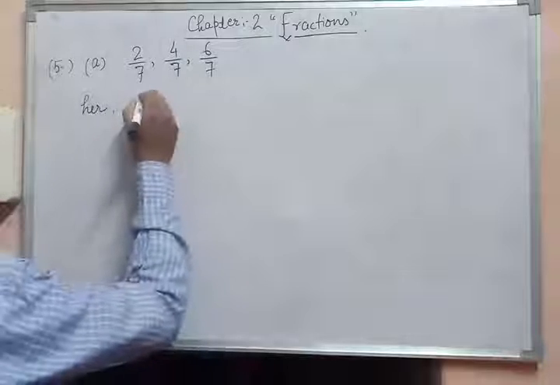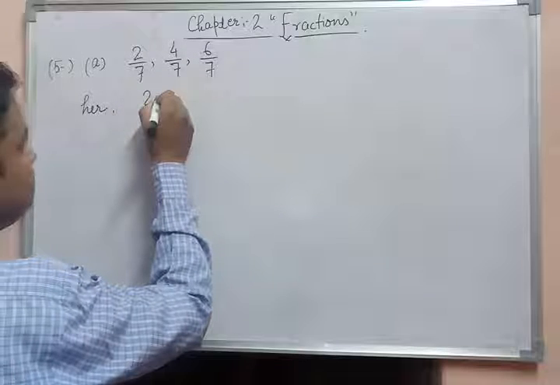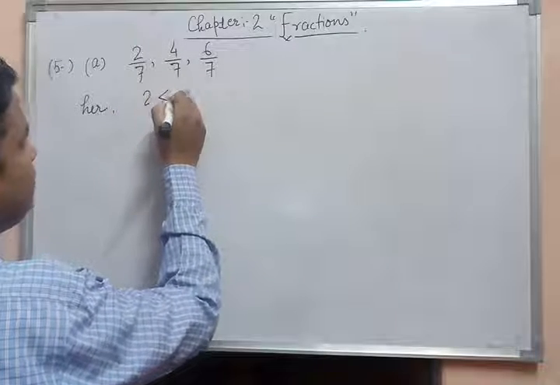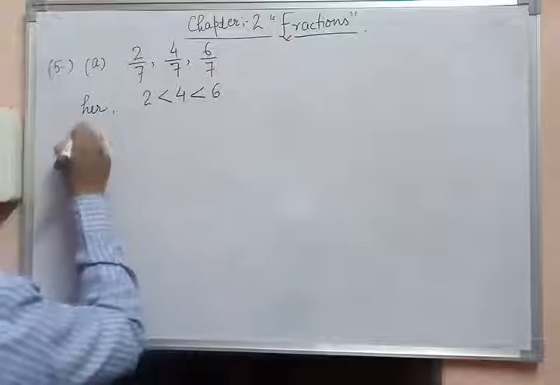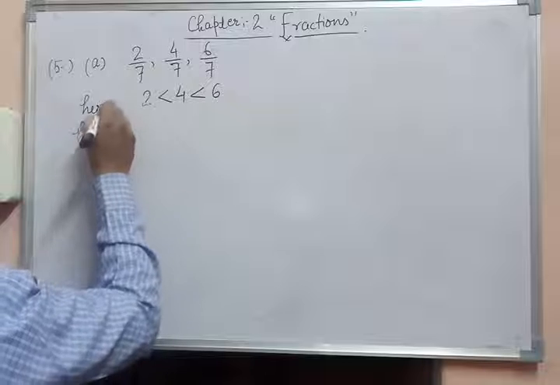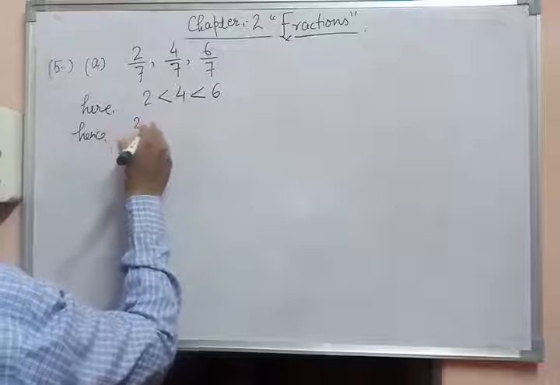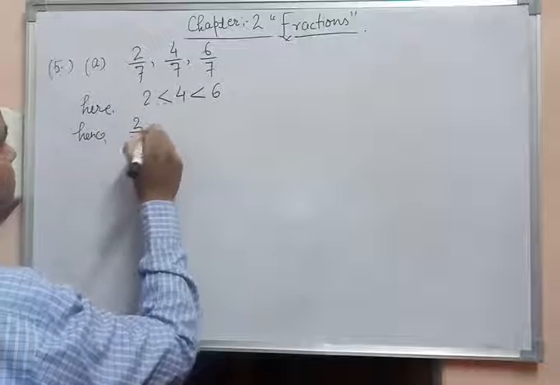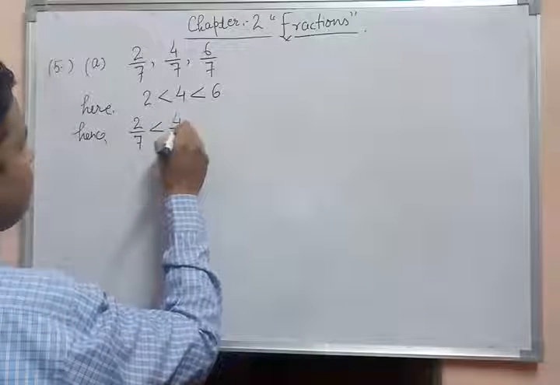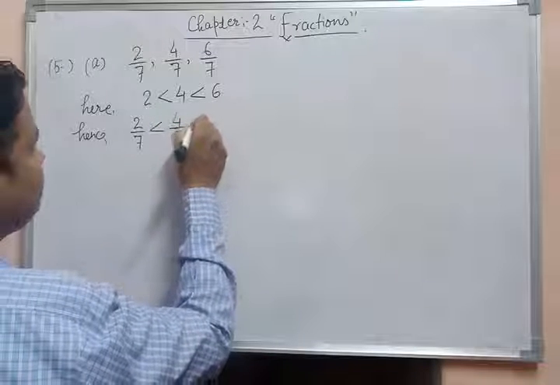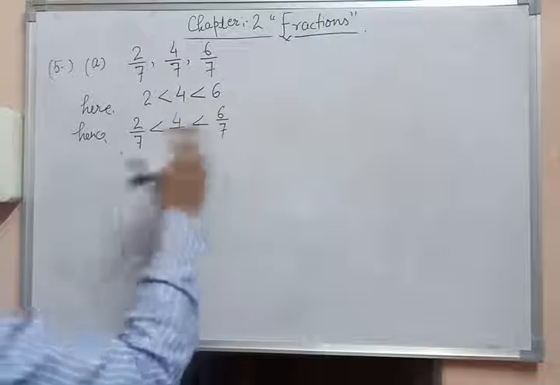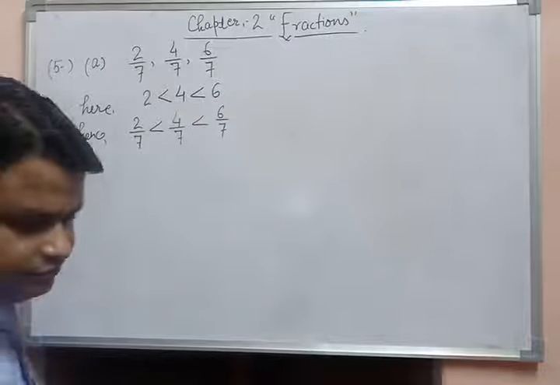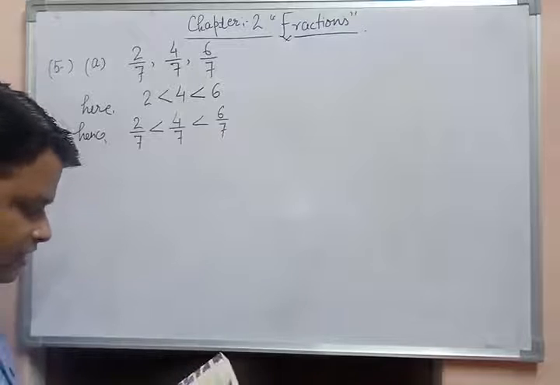So here 2 is less than 4 and 4 is less than 6. Hence 2/7 is less than 4/7 and 4/7 is less than 6/7. So this is the arrangement of these fractions in ascending order.